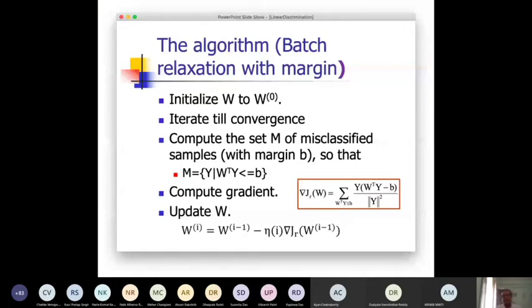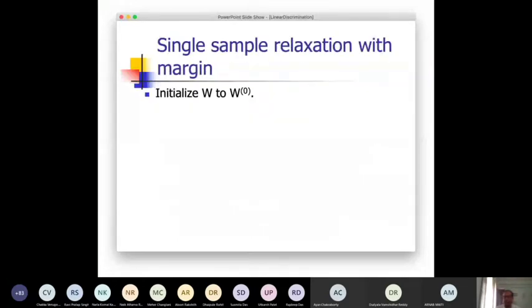Now there is one interesting fact: this algorithm can be modified so that the weights are updated with a single observation instead of a batch. As you can see, that flexibility is there. What should be the size of the batch? You have that flexibility. Earlier the batch was the whole training set, but you can divide it into different batch sizes.